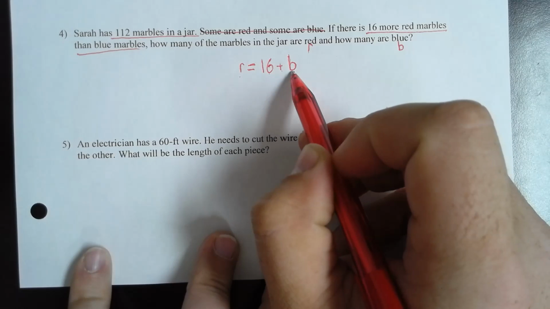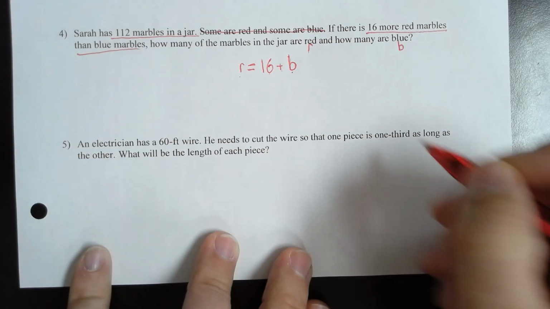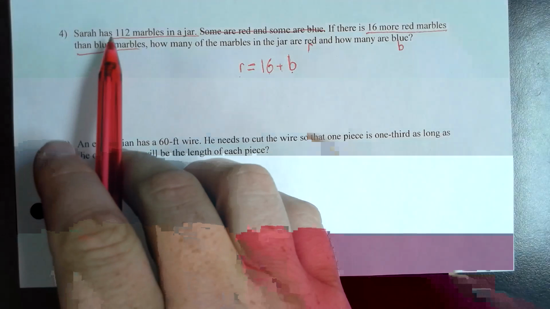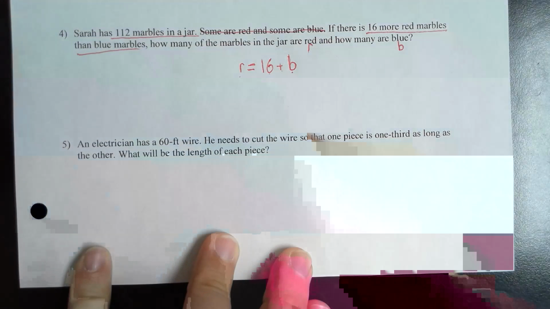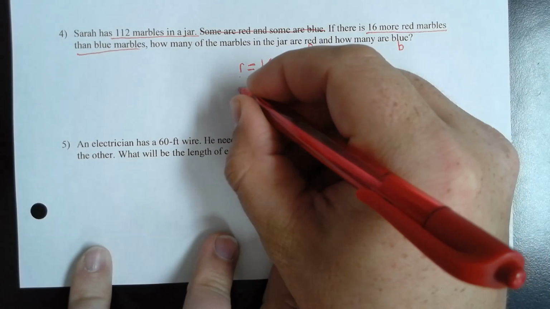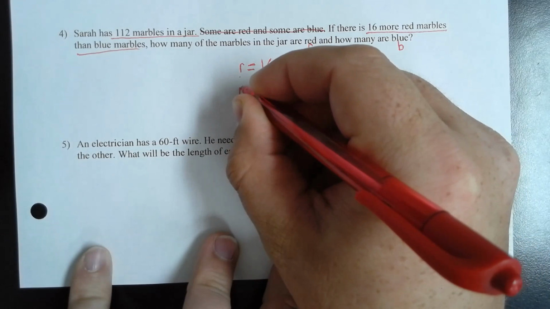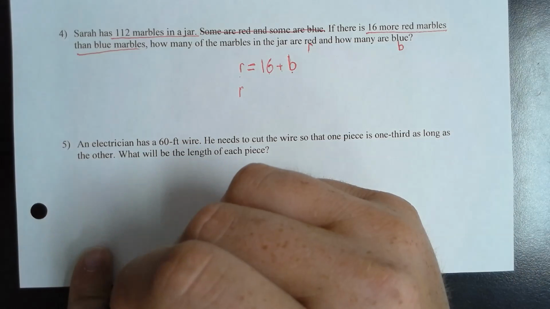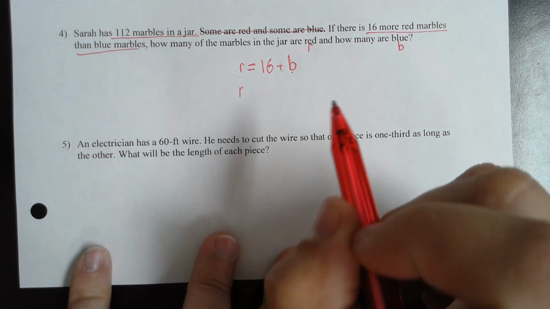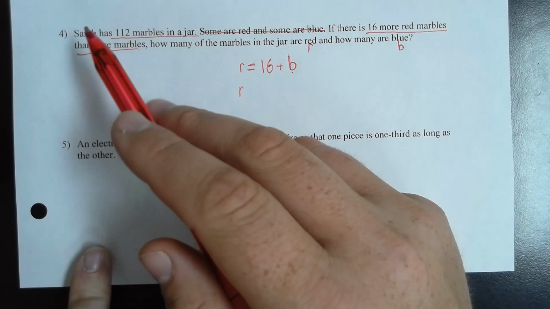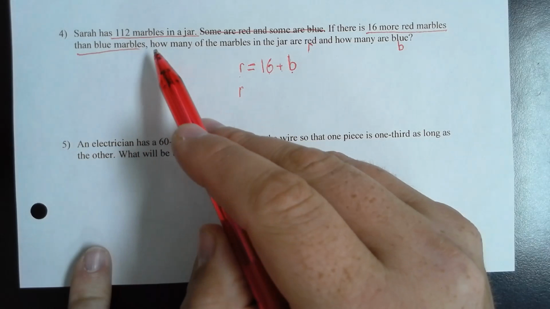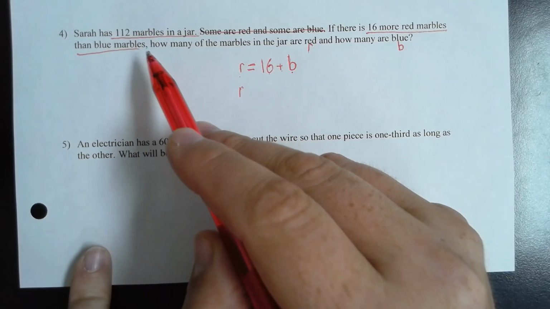Okay? We also know that there are what? 112 marbles in the jar. And how do we get those with our red and our blues? What would you have to do with our red marbles and our blue marbles to get 112? Not times them. Add them. Very good.